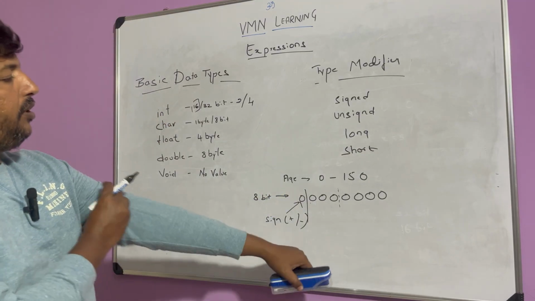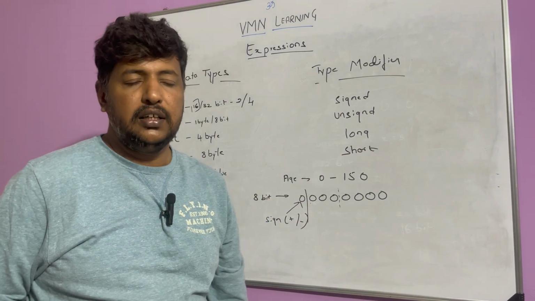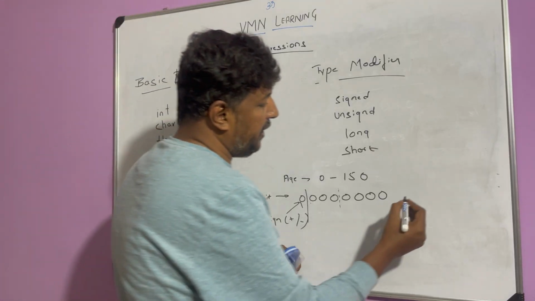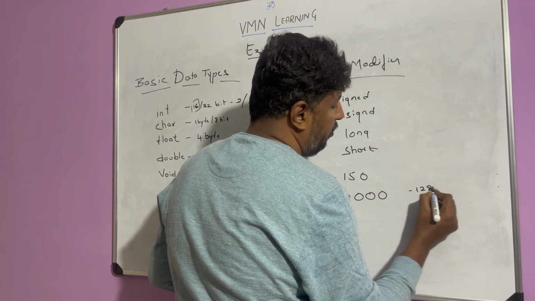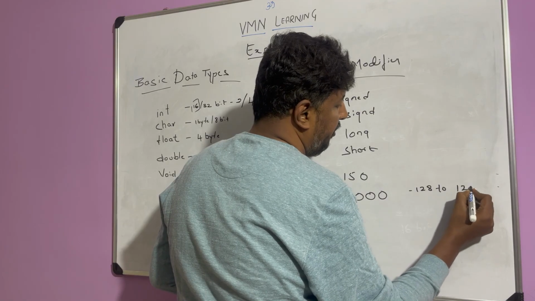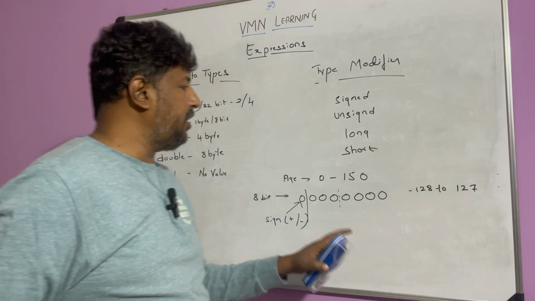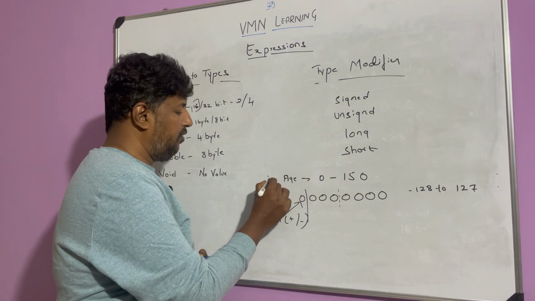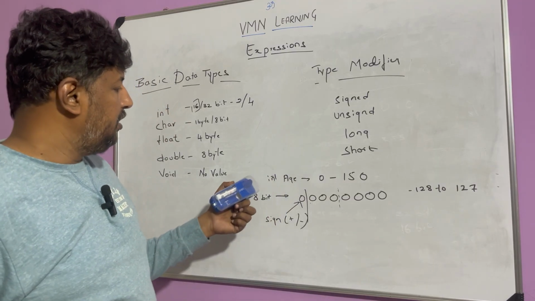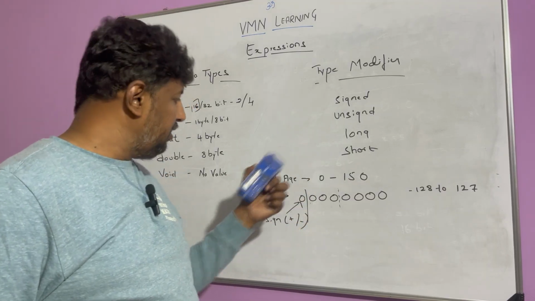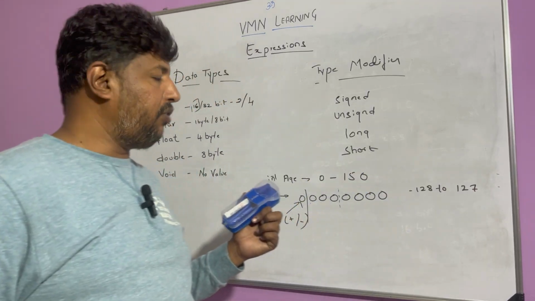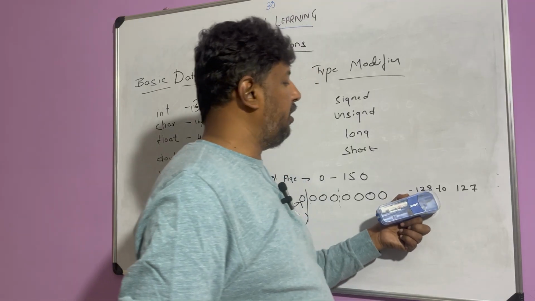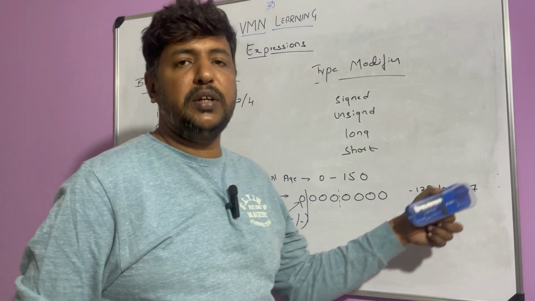You have the remaining 7 bits. With binary numbers, the maximum we can get is minus 128 to plus 127. This is the maximum range with an 8-bit machine for an integer. If I declare an integer age and 8 bits are allocated for it, the values you can store are from minus 128 to positive 127.